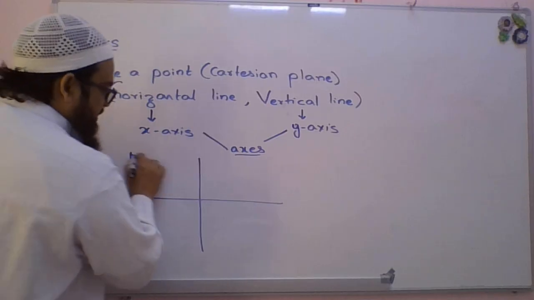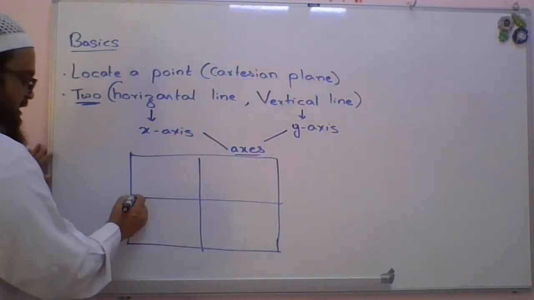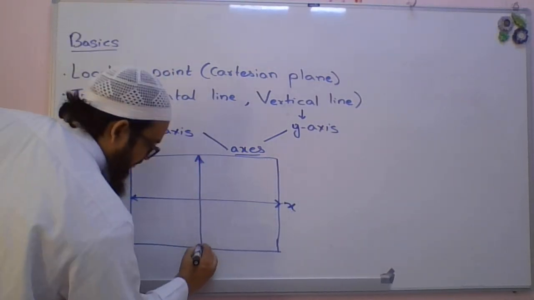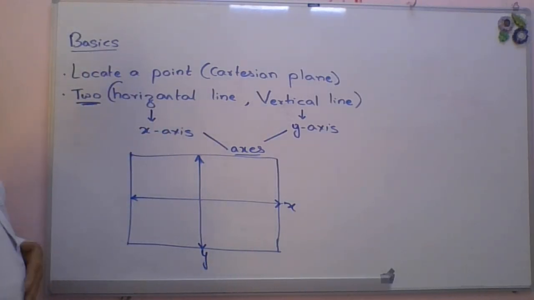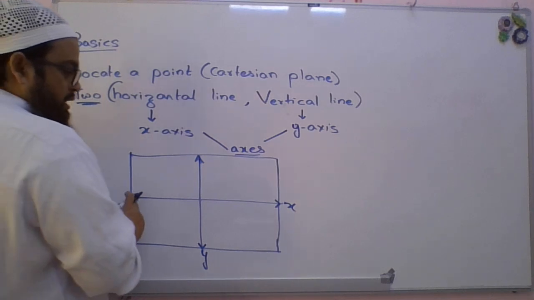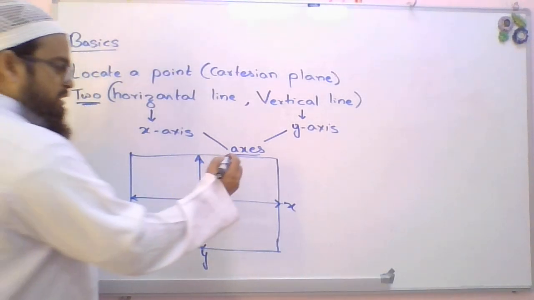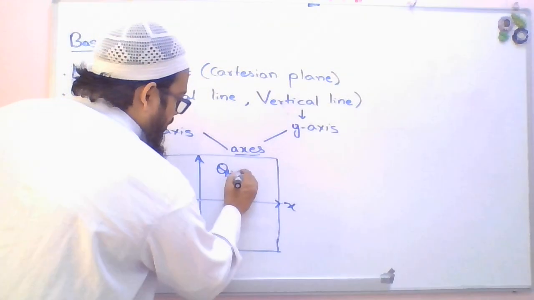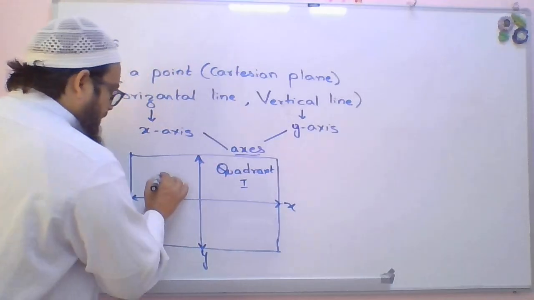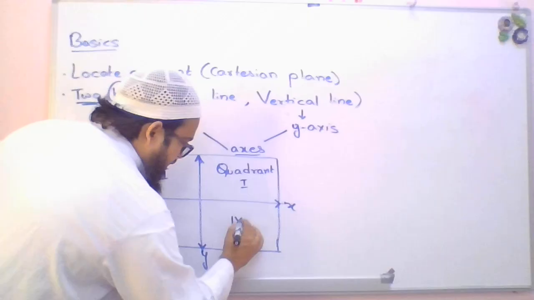Let us say this is the plane which we wanted, and we divided it with the horizontal line, which is the x-axis, and this vertical line, the y-axis, into four parts. Each part is called a quadrant. So this is quadrant 1, quadrant 2, quadrant 3, and this is quadrant 4.